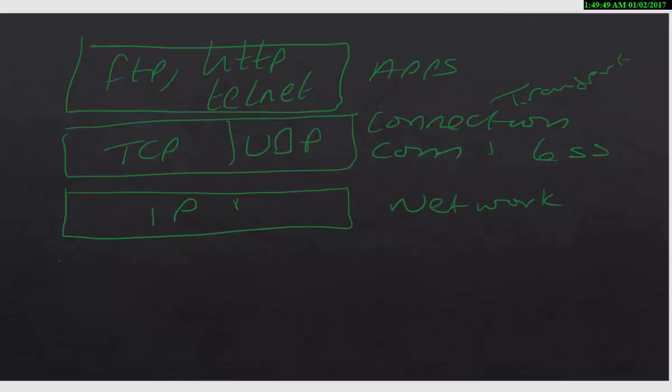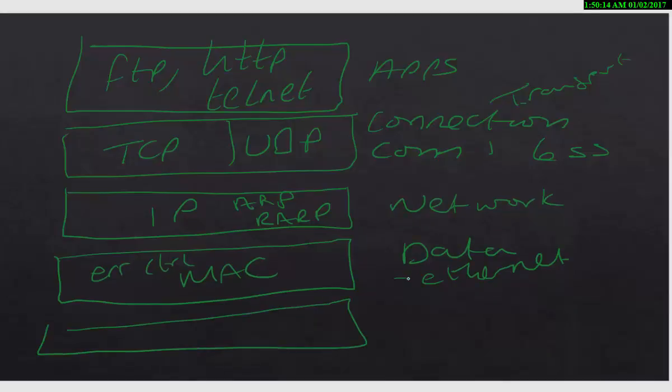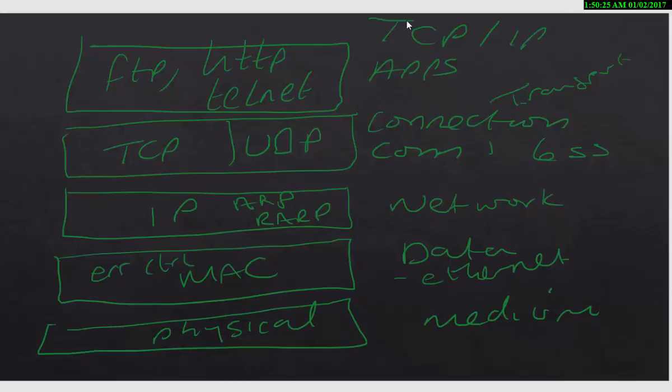So you've got your ARP, RARP, etc. for that, and then you have the data layer, which is your error control and your MAC, medium access control, so e.g. your Ethernet, and then the physical. So physical, the medium, and that's your TCP/IP stack. So a nice little summary with sentences.